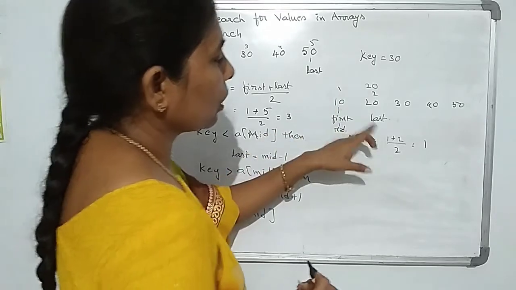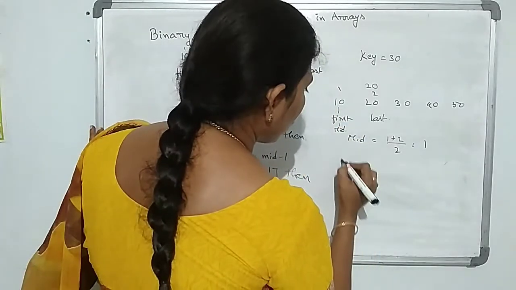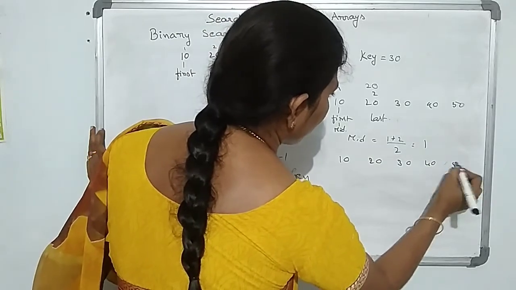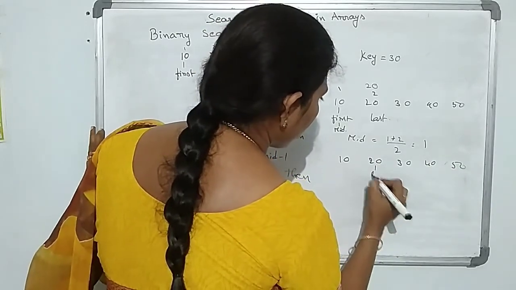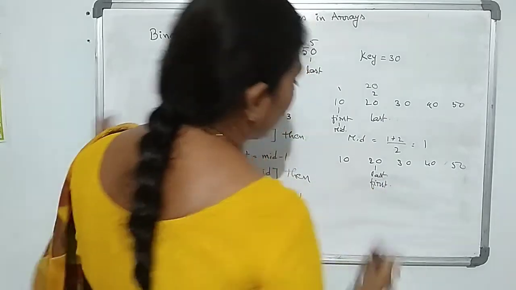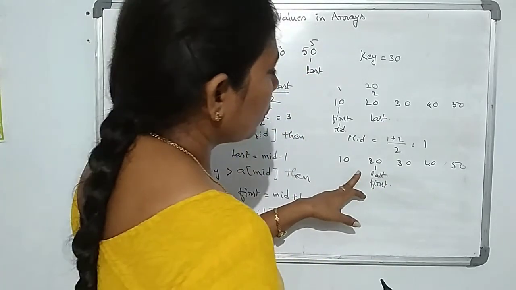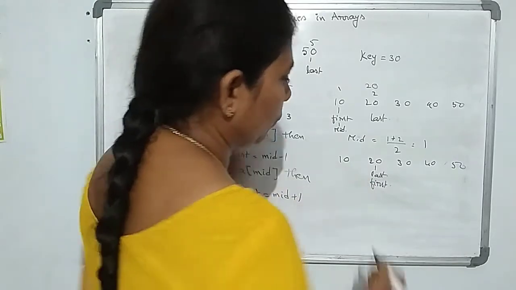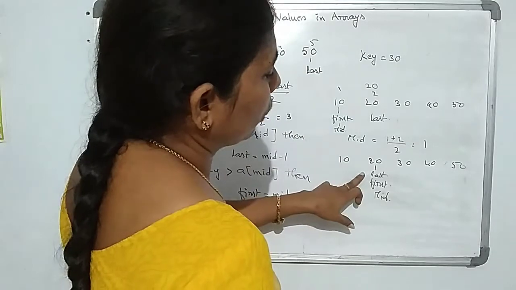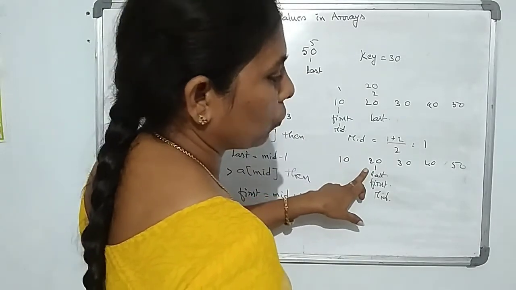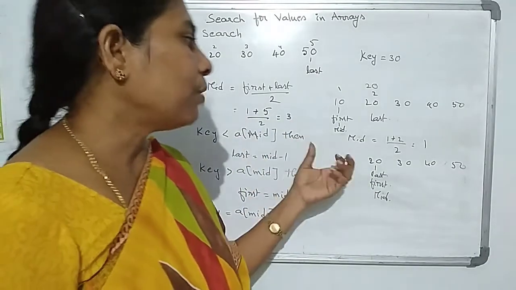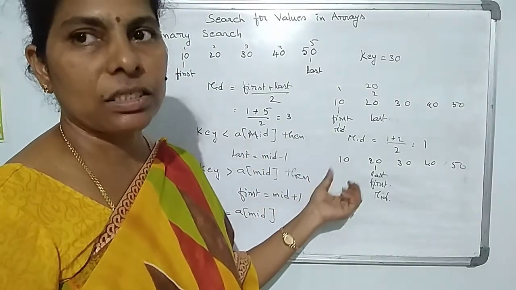No. So come to this side: 10, 20, 30, 40, 50. This is the last element and this is the first element. Now you find the mid: 2 plus 2 divided by 2, which is 2. This is the mid, our key element is 20, and 20 is equal to A of mid. So this element is found. That is how we apply the process to find whether an element exists or not in binary search.